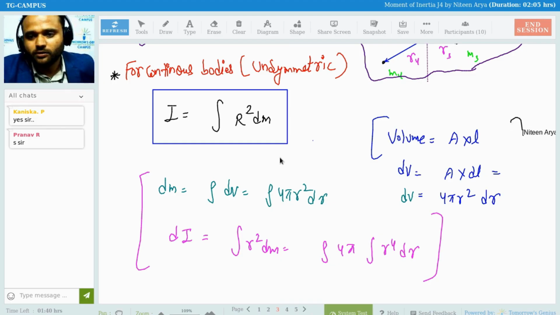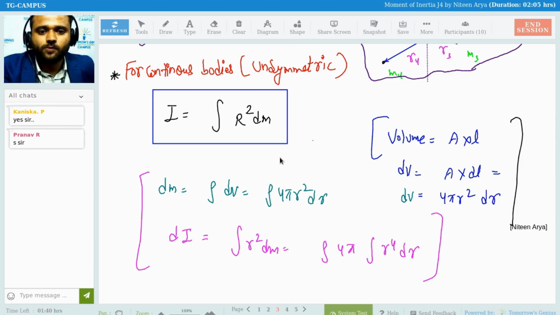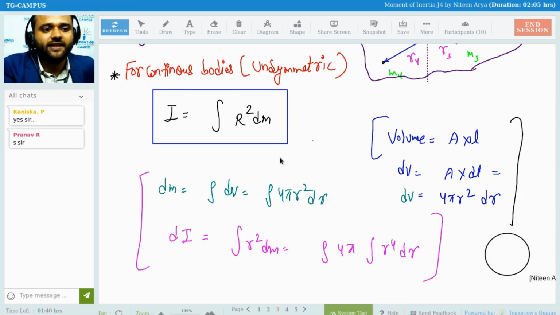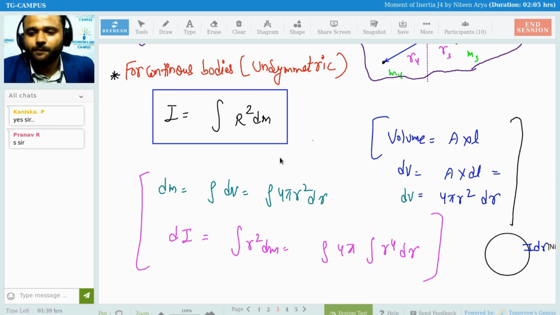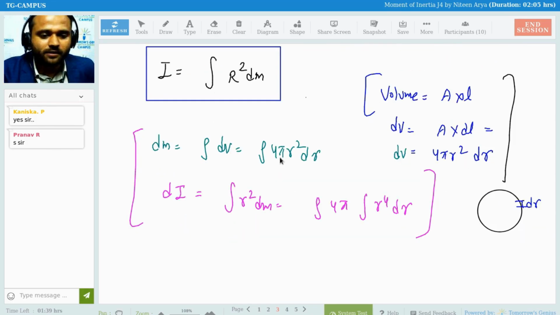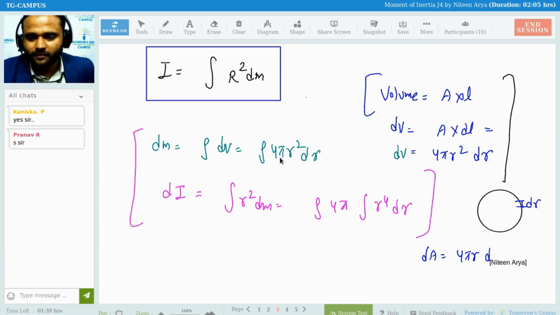I can tell you that also. Suppose it is a sphere, and this is your small area, and that is your dr, and the perimeter of this sphere is going to be 4 pi r. So dA is nothing but 4 pi r dr. Is this clear?